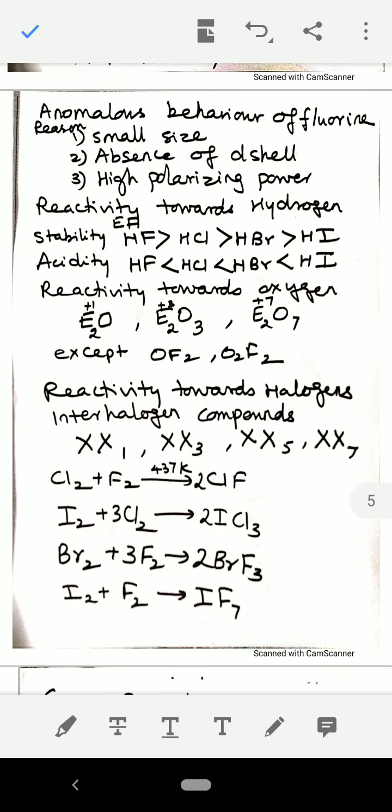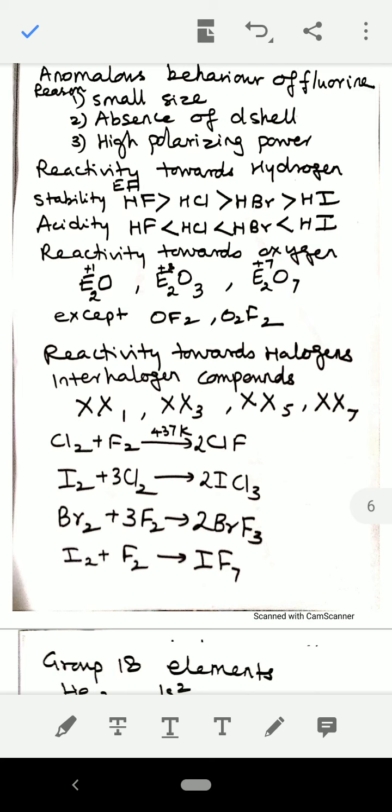The anomalous behavior of fluorine is due to small size of fluorine, absence of d shell and high polarizing power of fluorine. Reactivity towards hydrogen: they form HF, HCl, HBr and HI compounds. Acidity increases down the group and stability is greatest for HF.